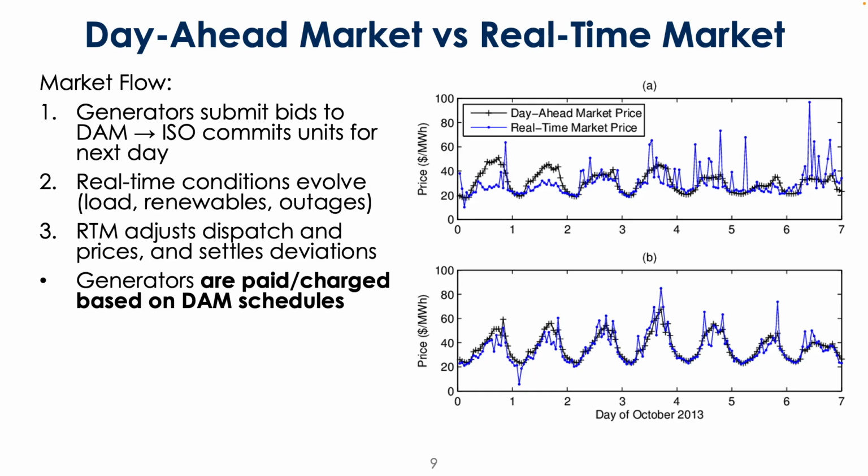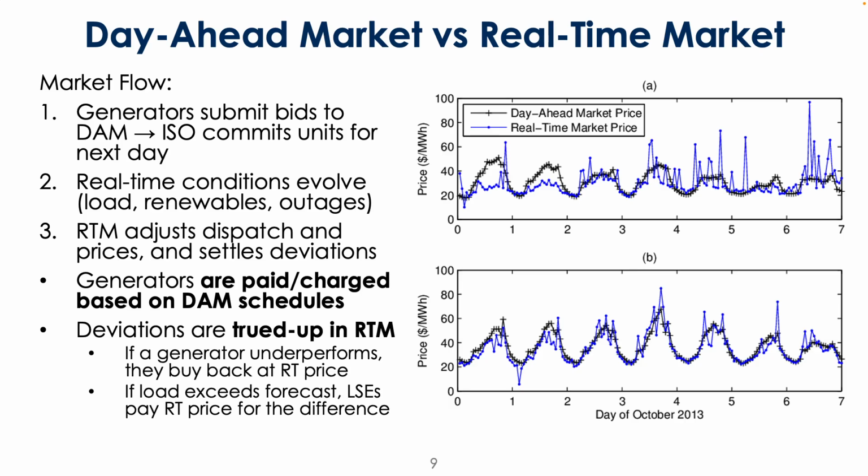So generators are paid and charged based on their day-ahead schedules, and then the deviations get trued up in the real-time market. If a generator is underperforming, they have to buy back at a real-time price. If the load exceeds the forecast, your load-serving entities, that's what LSE stands for, will pay a real-time price for the difference.